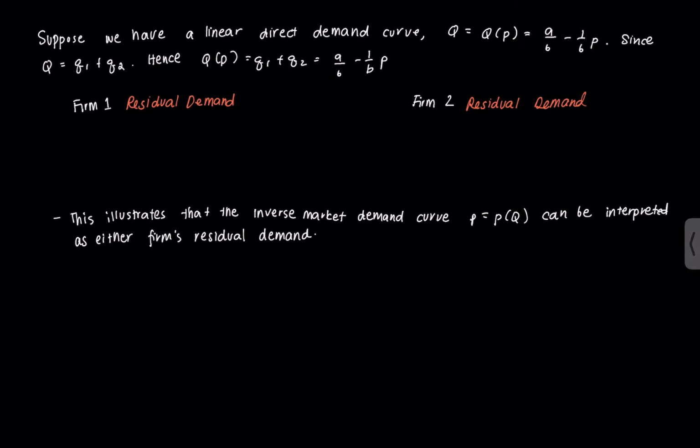Suppose we have a linear market demand curve, which is this direct demand function: Q is some function of P, which is A over B minus 1 over B times P. We know that capital Q, the total market output, is just the sum of the output of firm 1 and the output of firm 2, which is equal to the function's value here.